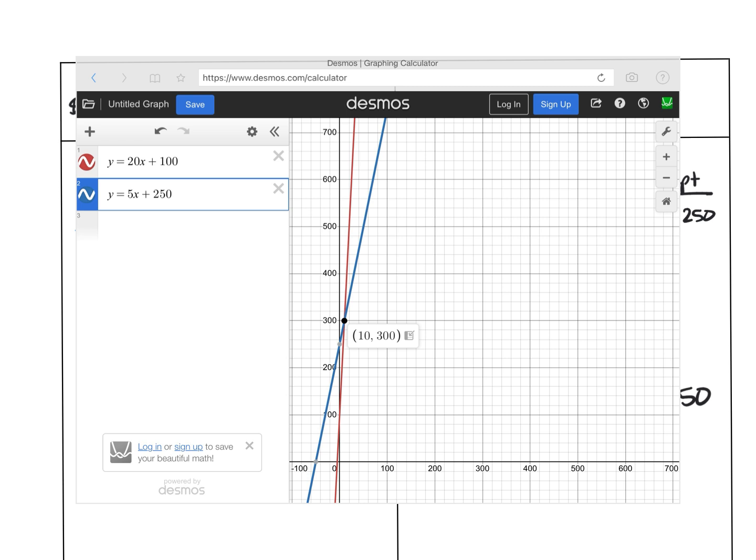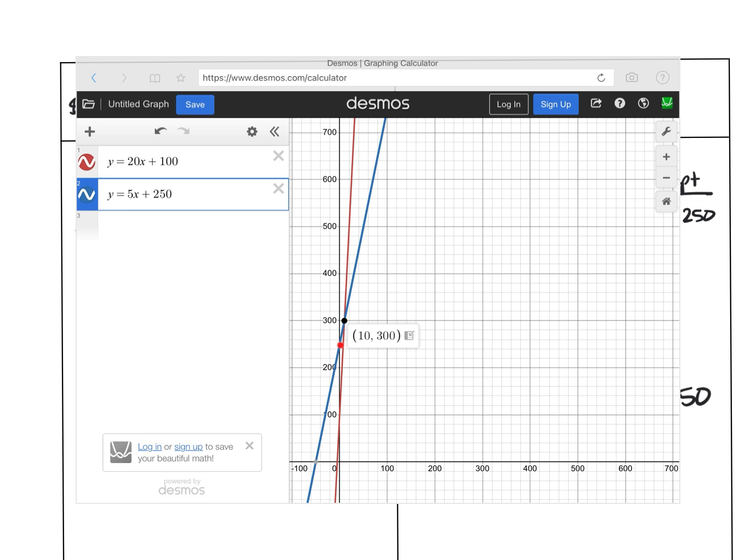Now let's talk about what that means. So that point, (10, 300), means that at 10 visits, both options cost the same amount. They both cost $300. But up until that point, notice how our blue line, which corresponds here with y equals 5x plus 250, see how that's above our red line?